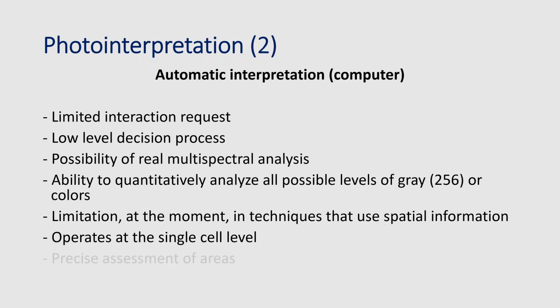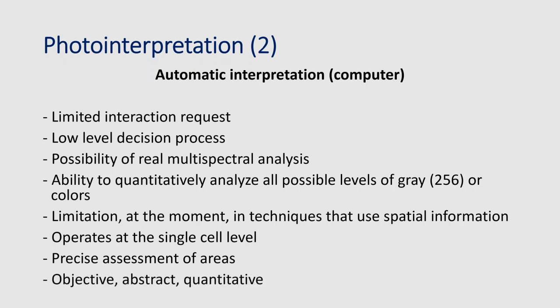And we can have a precise assessment of areas, for example measurements of surfaces, and this process is absolutely objective. If we perform this process millions of times, the results will always be the same.